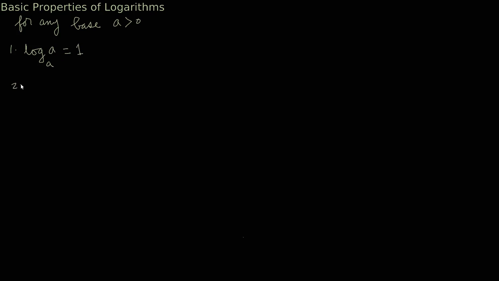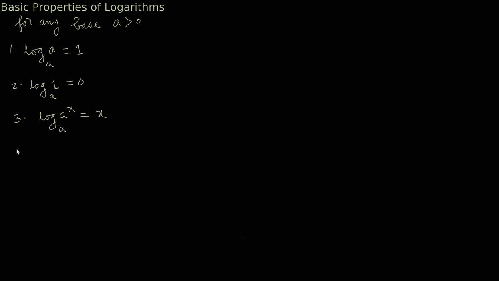Number two property is the logarithm of 1. The logarithm of 1 of any base a is equal to 0. Number three property is the logarithm of a power x, base a, is equal to x.